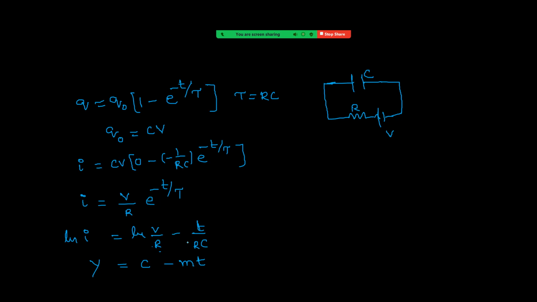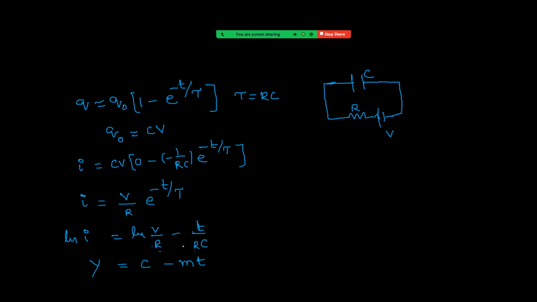Slope is minus 1 by RC. Our focus, the numerical value, is 1 by RC. When R is doubled, the numerical value will decrease.